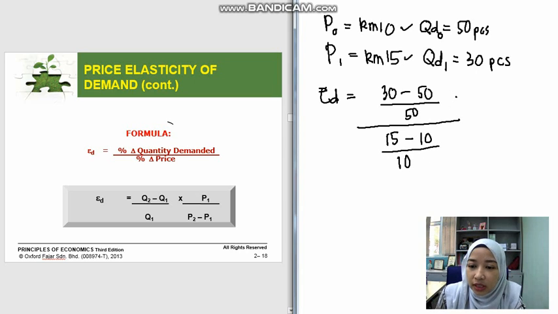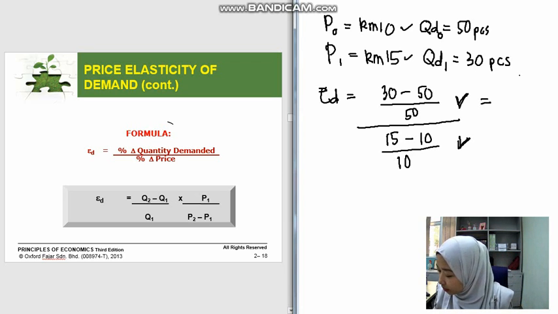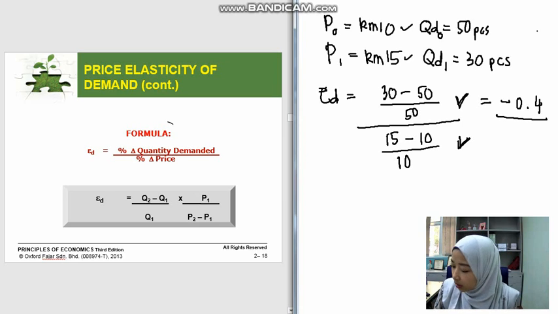So this is the change in quantity demanded, and this is the change in price. When you calculate, what you will get here is 30 minus 50 divided by 50, which is negative 0.4, divided by 15 minus 10 divided by 10.